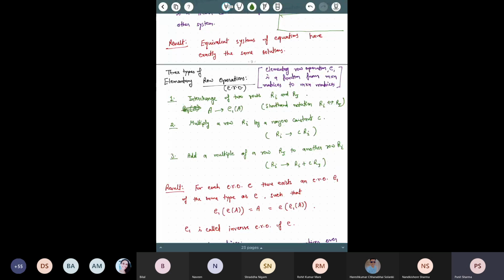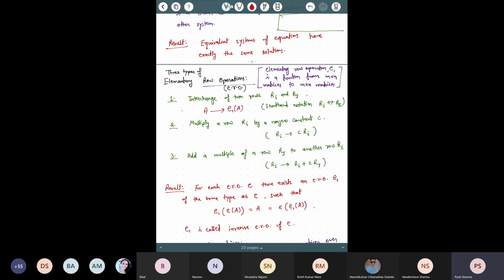So you can see that I can write it as A. So let me just use a different color here. So I can write it as, let's say, some rows go to another row, but I know that it is obtained by the first type of elementary operation.